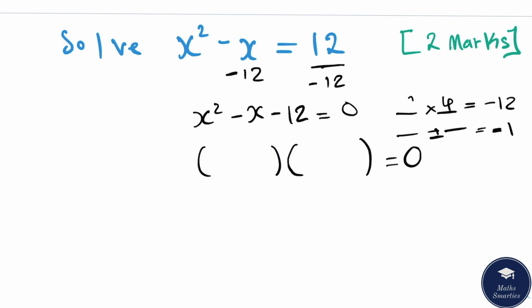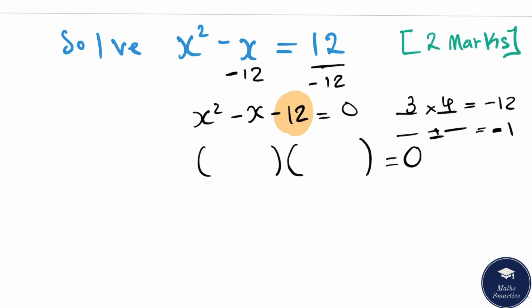Well done. So because it's minus 12, one of them has to be negative. If c is negative, as in this example, that means of the 2 numbers in these brackets, one of them has to be negative.